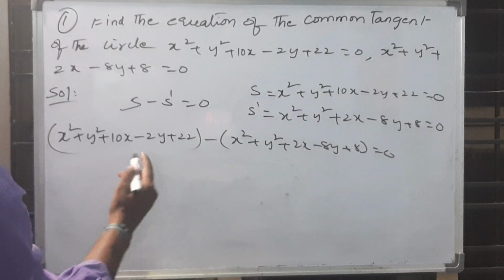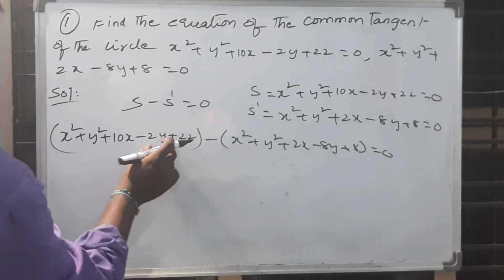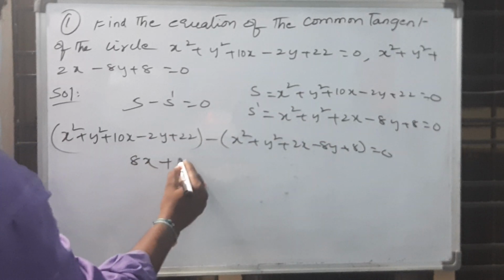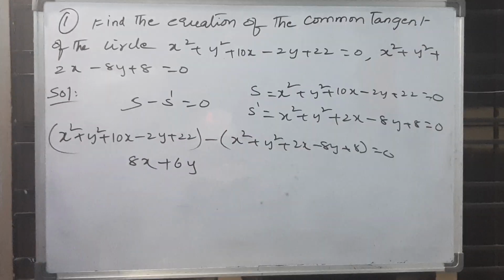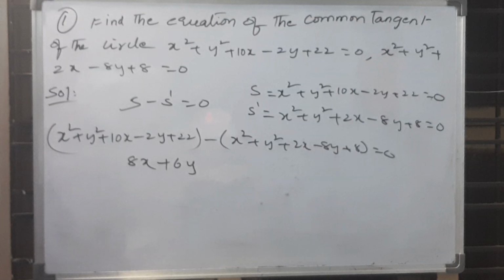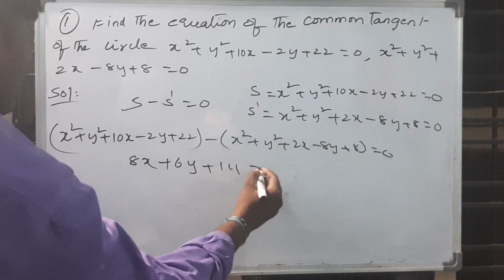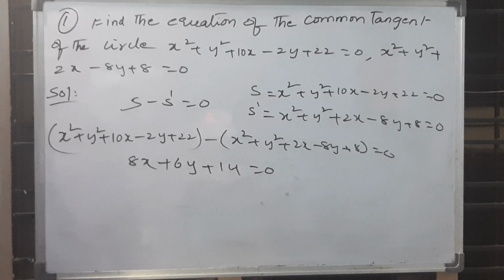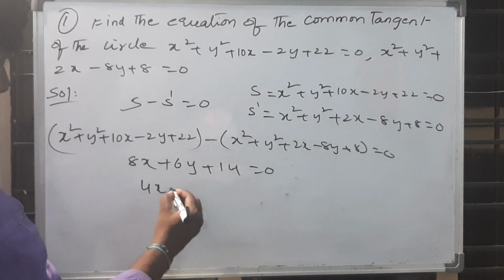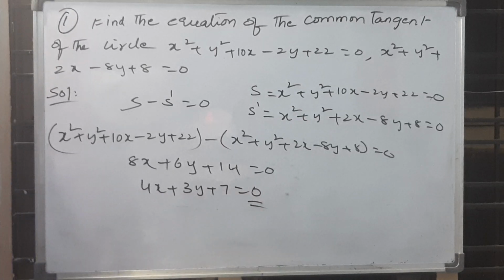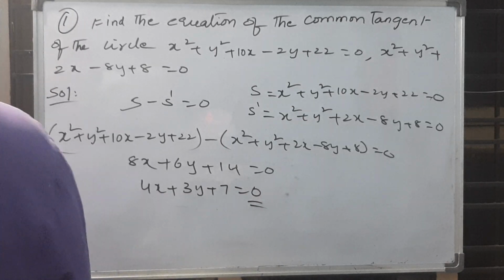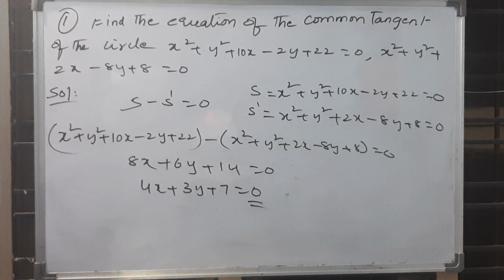Here 10 minus 2x, that is 8x will come, minus 2y plus 8y, 6y will come, and the constant term is 22 minus 8, that is plus 14 equal to 0. Here take 2 as common, the remaining value is 4x plus 3y plus 7 equal to 0. This is the equation of the common chord.